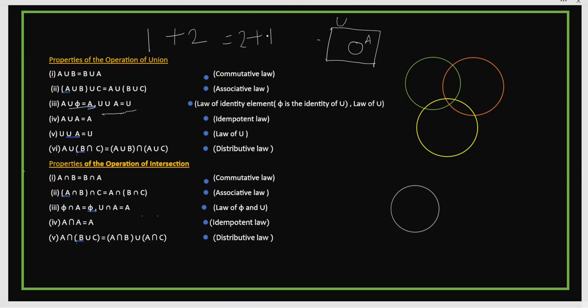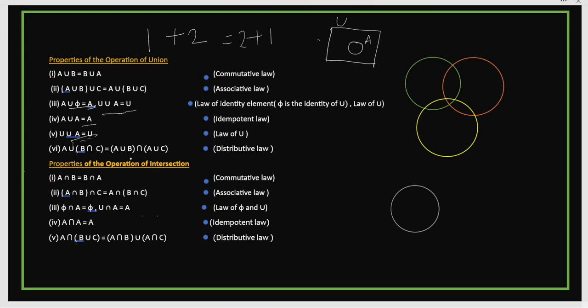A union A is what? It is adding it to itself. All the elements are there and you are removing the common elements. So A union A is A. Universal set union A is the universal set. This is the law of the universal set. I think we have repeated this.